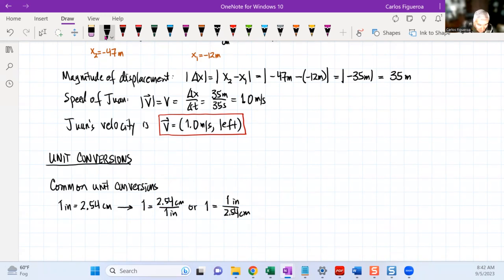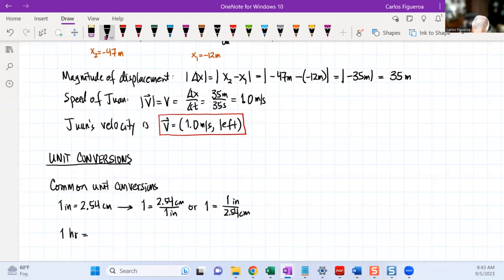For example, if I look at 1 hour, we know that 1 hour has 24 hours. Oops, I'm sorry, that's not really what I wanted to say.